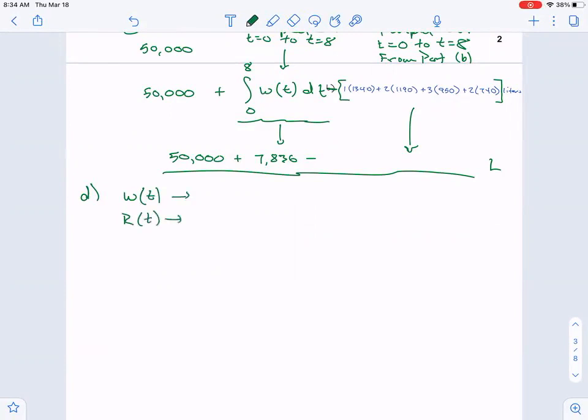R at t is the rate removed, and W at t is the rate added. And they're asking, on our interval from 0 to 8, is there a time where the rates are equal to each other?